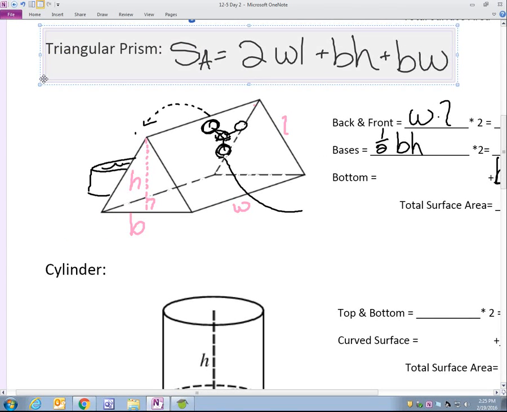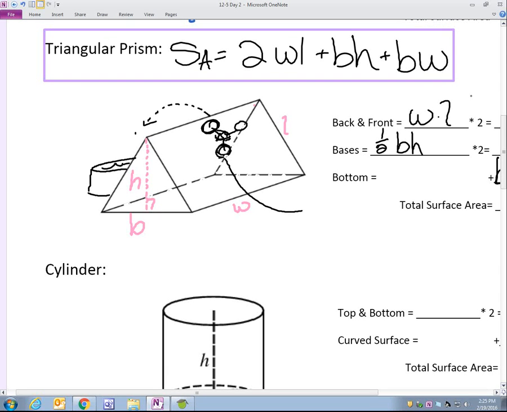And I hope that you're circling those as well, because that's going to be a reference point that you are going to want to have in front of you when you do your homework. Surface area.